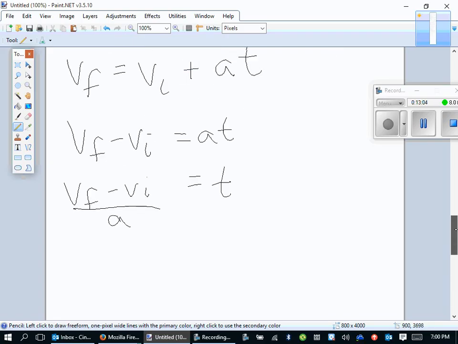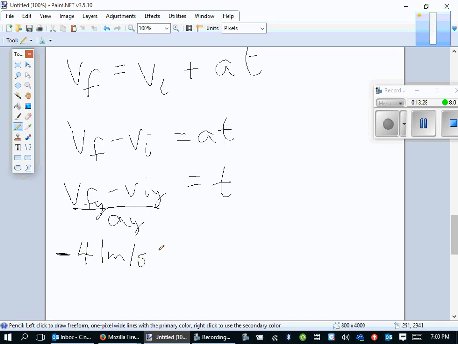Okay. So what do we have for V final? Yes, we said by symmetry that this was going to be, we're still looking at the y direction, V final in the y direction, V initial in the y direction, and a in the y direction. Is negative 4.1 meters per second.